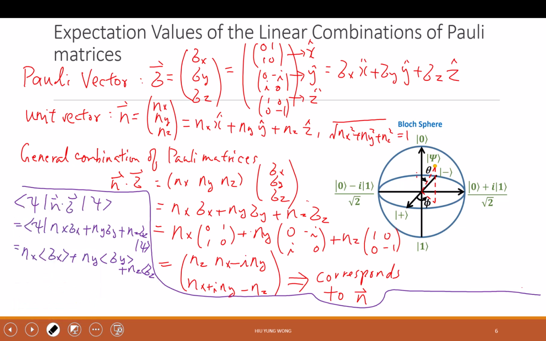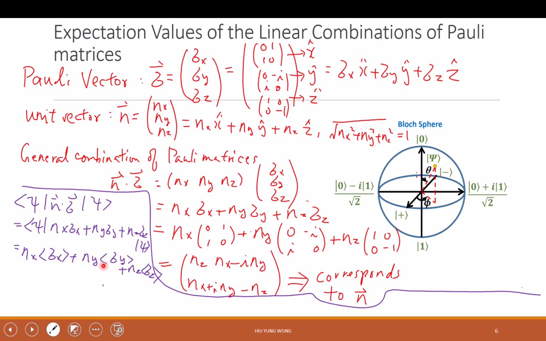Is that okay? I'm jumping a little bit. I already showed you this is equal to this. So the expectation value of this matrix is just equal to the expectation value of each of these terms, and nx, ny, nz are just numbers, so I put them outside.